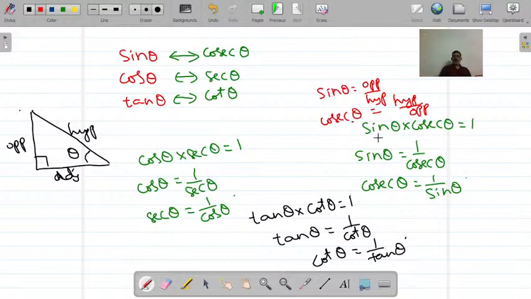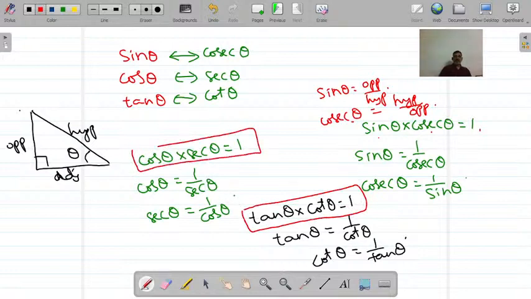Sine theta into cosecant theta is equal to opposite by hypotenuse into hypotenuse by opposite. Opposite cancels, hypotenuse cancels. That's how you get 1. The same kind of explanation you can give for the other pairs. That's why they are called reciprocal to each other.